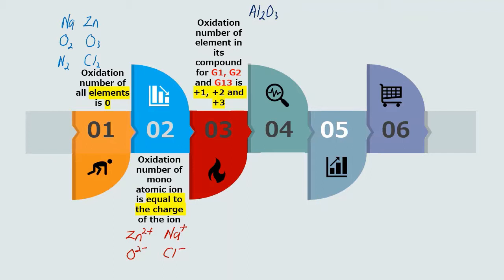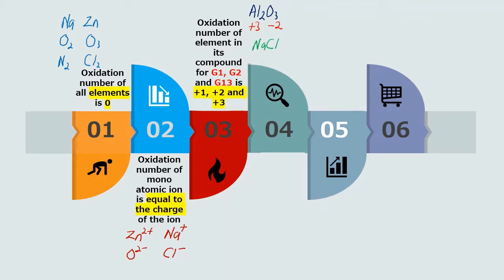Therefore, the oxidation number of aluminium is +3, while the oxidation number of oxygen, which is a monoatomic ion, is -2. One more example is sodium chloride.